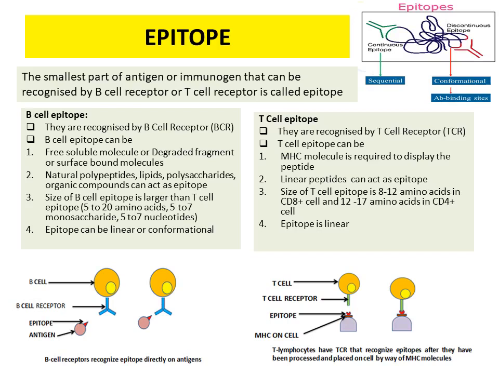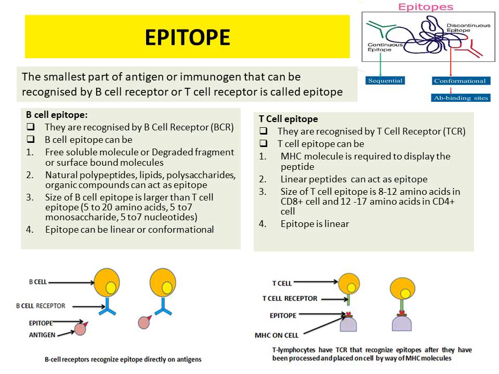A B cell can bind with the antigen present on any organism directly through the B cell receptor, without any processing. So the B cell epitope is recognized by the BCR, and it can be a free soluble molecule, a degraded molecule or fragment, or a surface bound molecule.